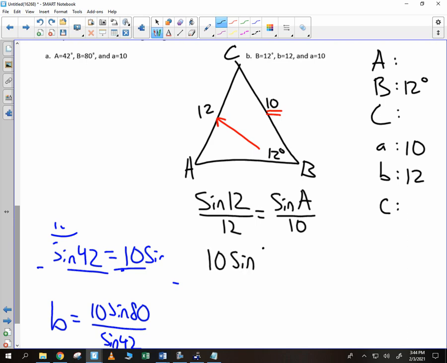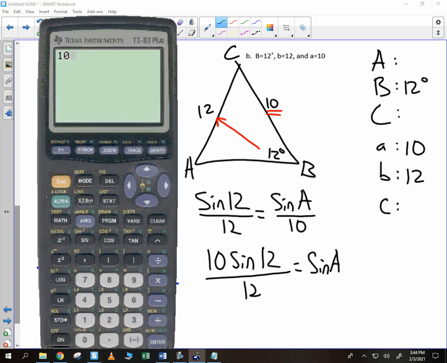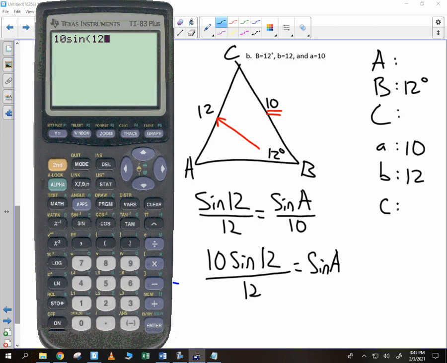I get 10 sine of 12 over 12 is equal to the sine of A. And I'm going to turn that into a fraction. So 10 times the sine of 12 divided by 12. And notice I get 0.1732. 0.1732 is equal to the sine of A.